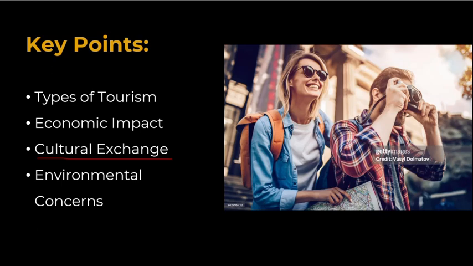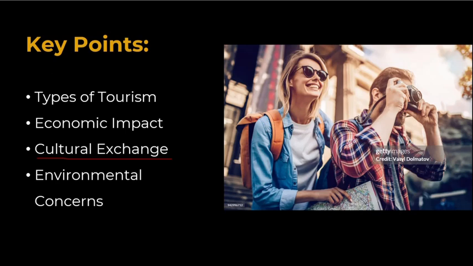For example, here in the 21st century, there are many students, and I think some of you are fans of watching K-drama, and there are some of their culture that you adapted. Even virtually or just watching a movie, there's a cultural exchange. How much more if you travel to a certain place? You will adapt something from them and bring it to your own place or country.